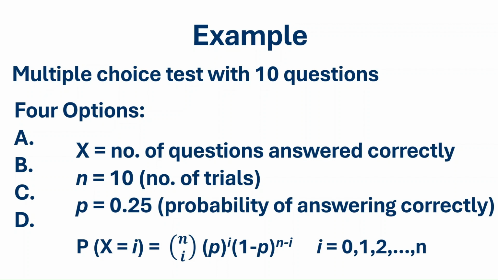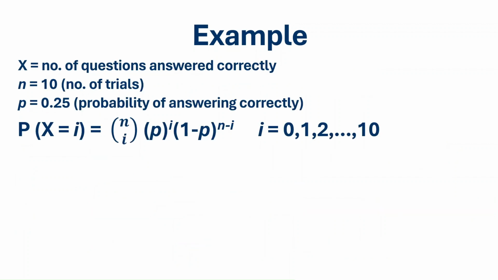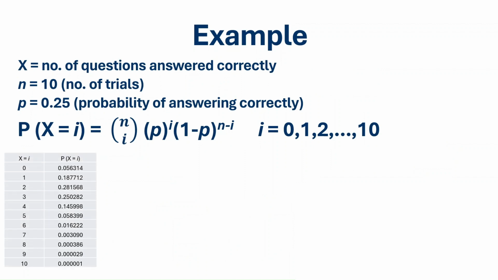So i will go between 0 and 10, where x represents the number of times we get a question correct. Since there are only 10 questions, x will take on a value between 0 and 10 as we have just shown. So if x is equal to 4, it means that there are 4 correct answers.